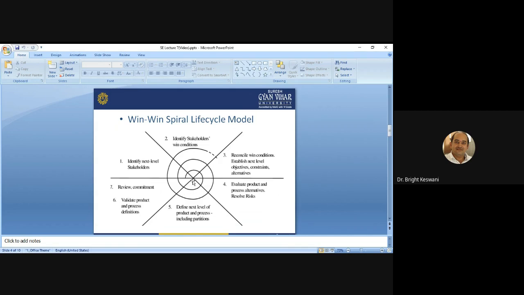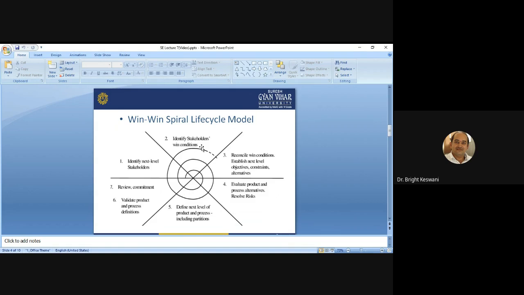The first step is to identify next level stakeholders. In this step, you identify the next level stakeholders. These are the people who you need to make happy after the current phase of development. The second stage is to identify stakeholders' win conditions. In this step, the stakeholders' goals, concerns or objectives are documented.